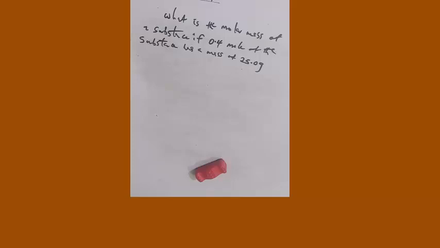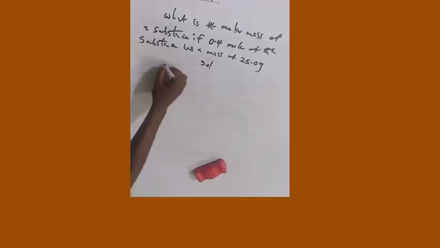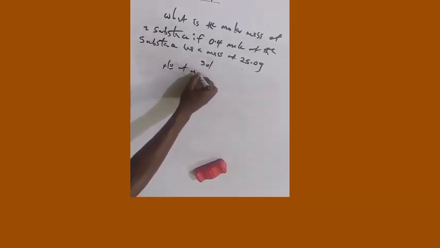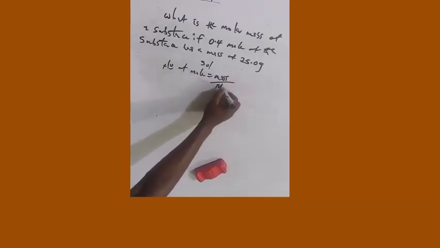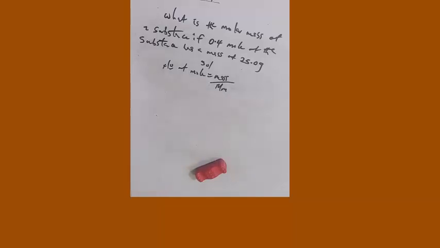Since you are talking about molar mass here, number of mole is mass over molar mass, is it not? You remember that number of mole is mass over molar mass. So the number of mole is 0.4.